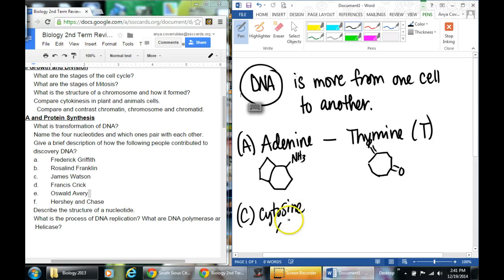Or I mean, excuse me, cytosine is similar to thymine. It's just the stop sign, but it has some different structures coming off of it. And then guanine is similar to adenine, which is a G, and it is going to have a house and a stop sign all together.